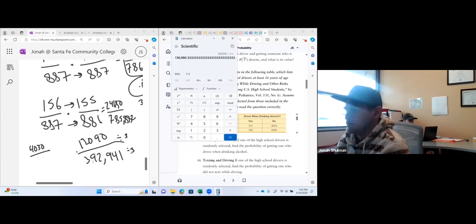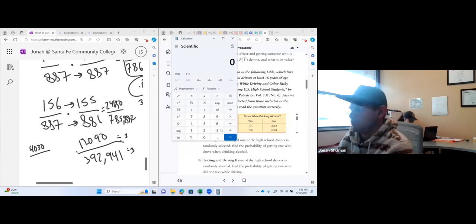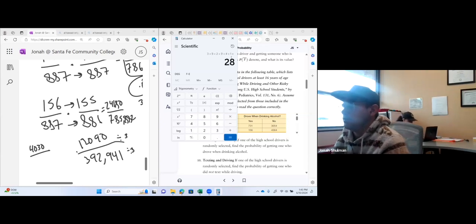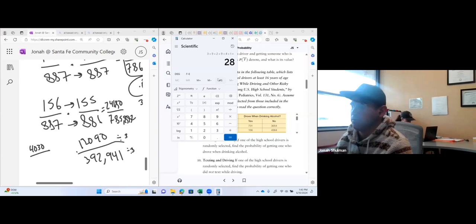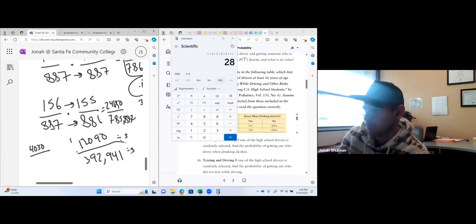I guess I added them wrong. The sum is 28. Oh, and 28 is not divisible by 3. So we're fine. So this is it. This is our fraction. Sorry about that.